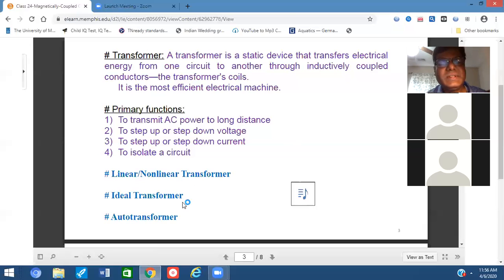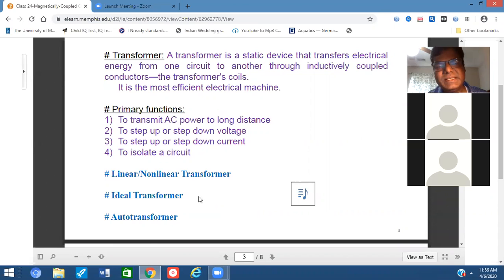And then one is called the ideal transformer. Ideal transformer means there is no loss at all in the transformer. There is not even a small resistance in the primary or secondary coil. Or in other words, last class we were discussing the coefficient of coupling.